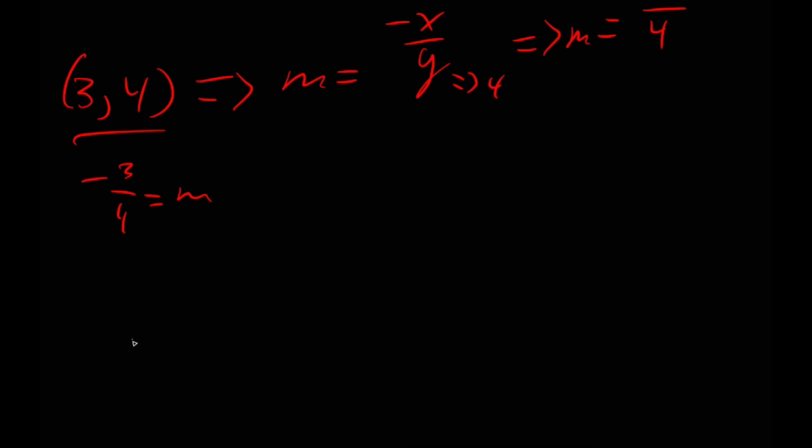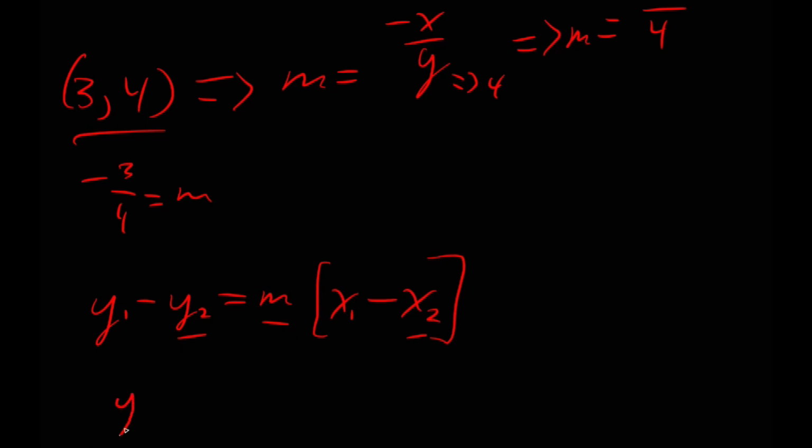So let's do that. If we were to put it in the form of y minus y1 equaling m times x minus x1, we can plug that in for y1 and plug that in for x1 and plug that in for m. So we have y minus 4 equaling negative 3/4 times x minus 3.